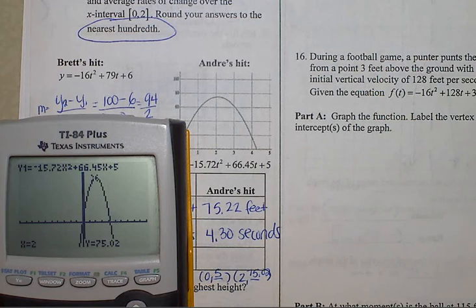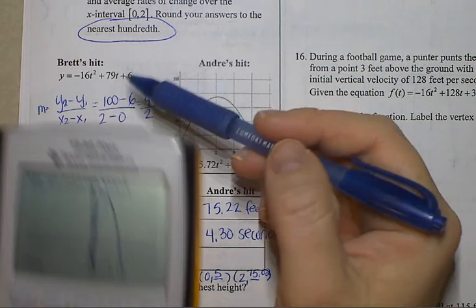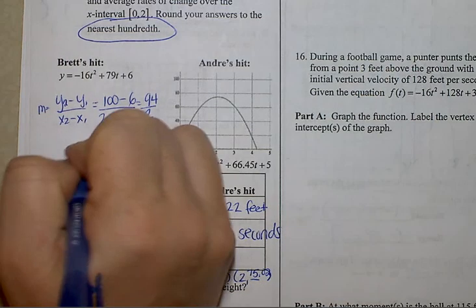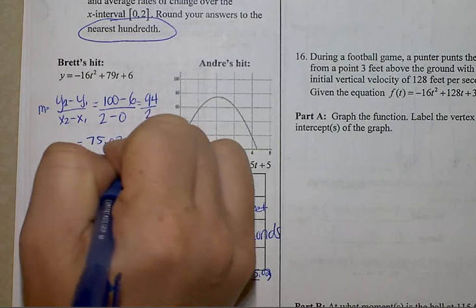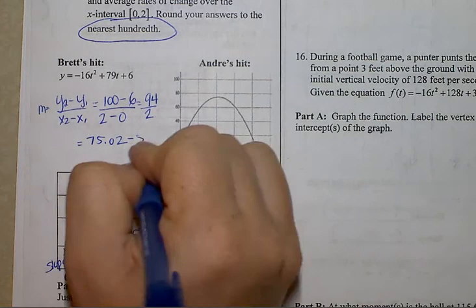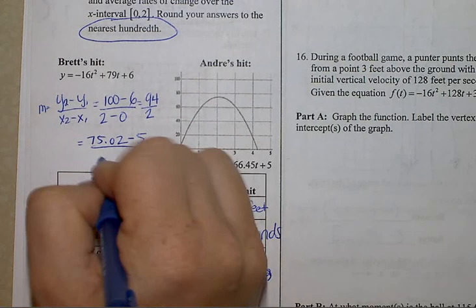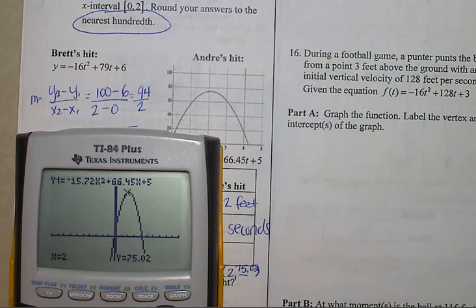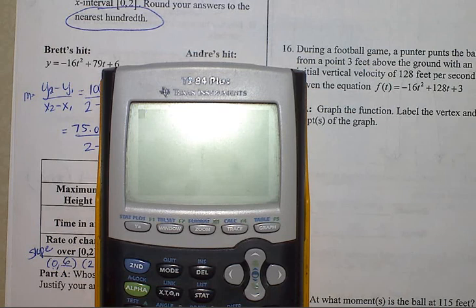So I'm going to use the same formula that I used up here. I'm going to plug these numbers in. x sub 1, y sub 1, x sub 2, y sub 2. So 75.02 subtract 5 over 2 subtract 0. Okay, I'm going to use my calculator since we do have some decimals. 75.02 subtract 5.